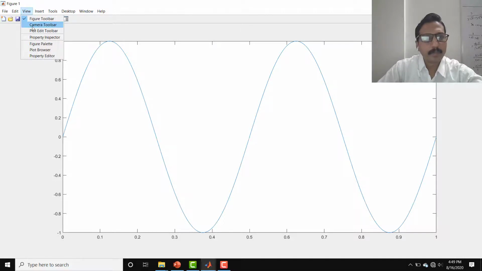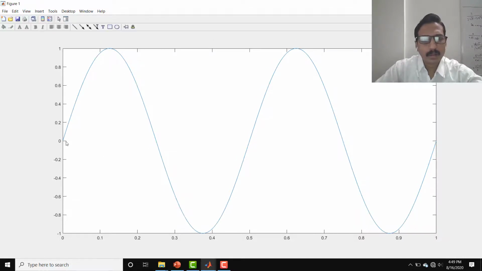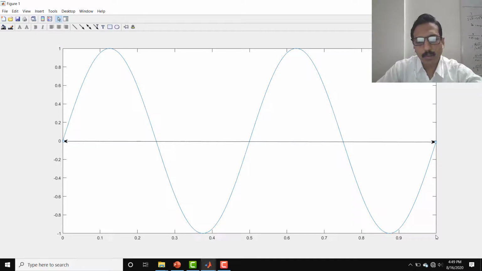And the distance between these 2 points on the x-axis is again 1. So this is 1 second. But in 1 second, instead of observing 1 cycle, here you observe 2 cycles. The meaning is that the frequency is 2.